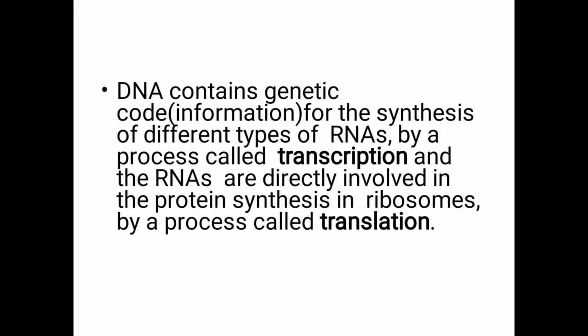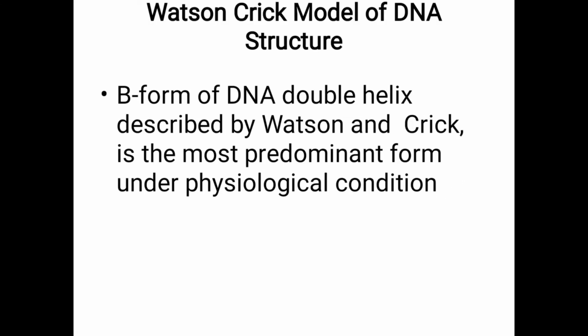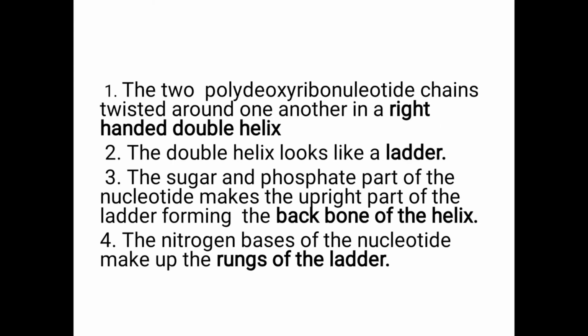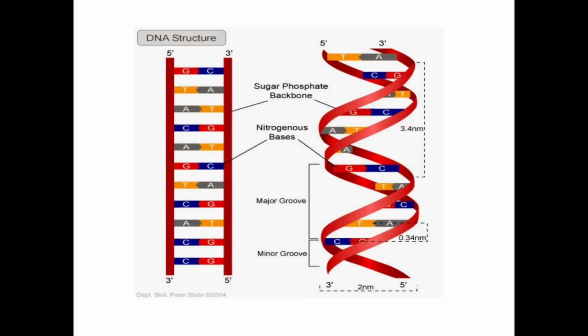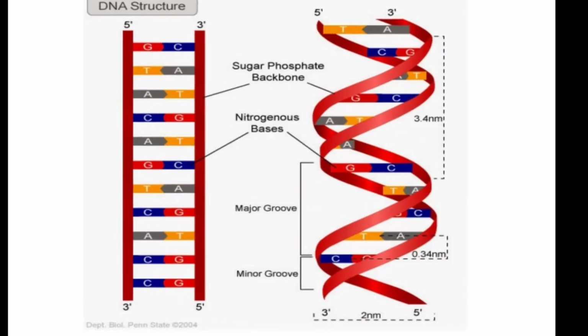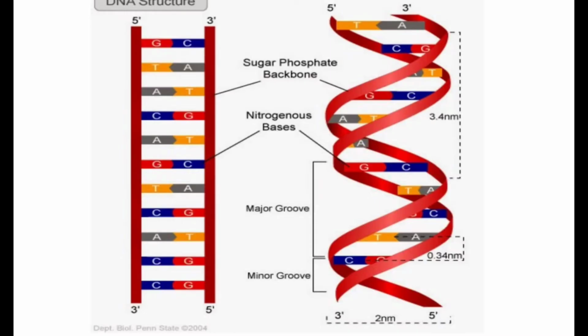So as I told you, we come to the structure of DNA, the Watson and Crick model of DNA. B form of DNA is a double helix, described by Watson and Crick, and is the most predominant form under physiological conditions.